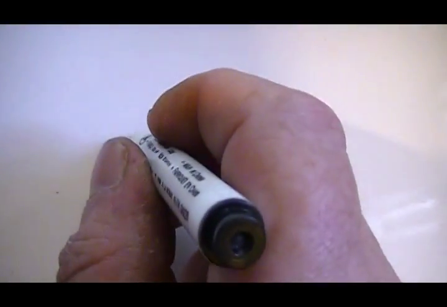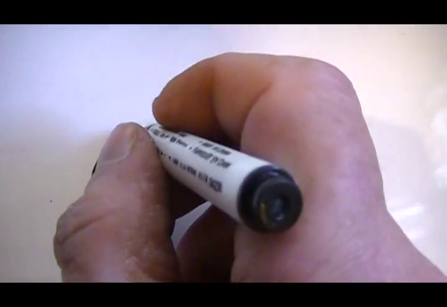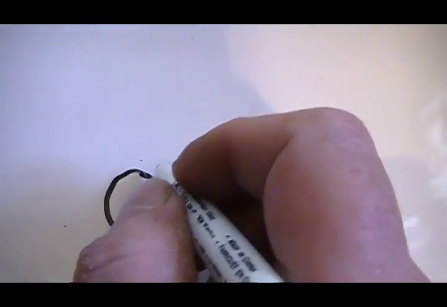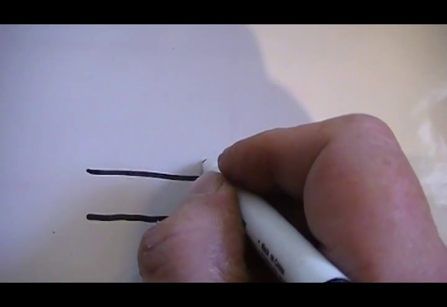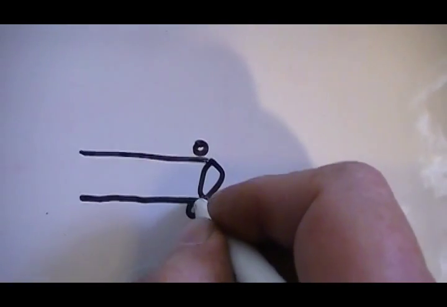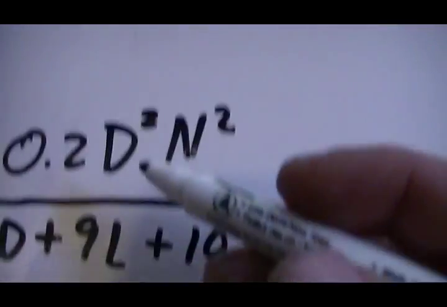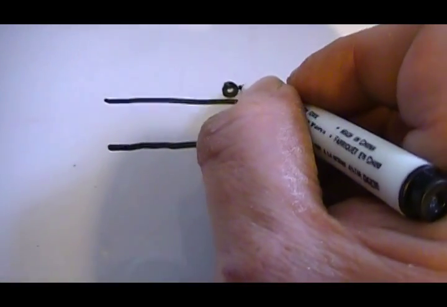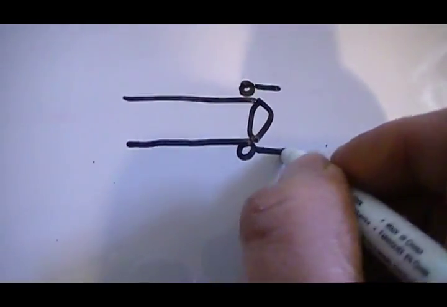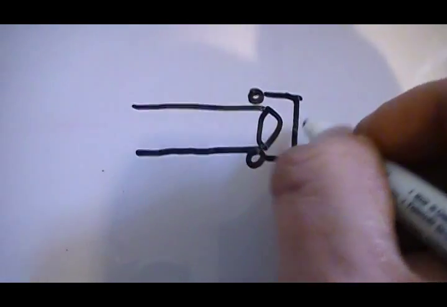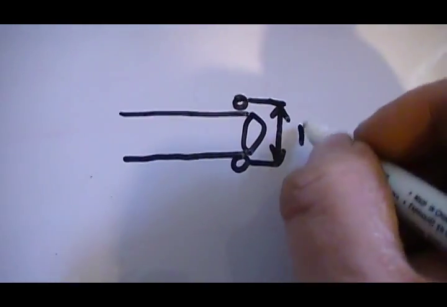I'm not an artist, so bear with me, but here's your coil form, and you've got coils going around it. Those coils, and this is exaggerated, have a certain diameter. That diameter is measured from the center of one coil wire to the center of the wire across from it.